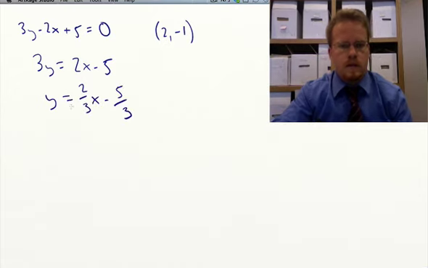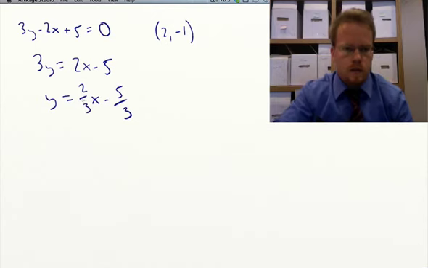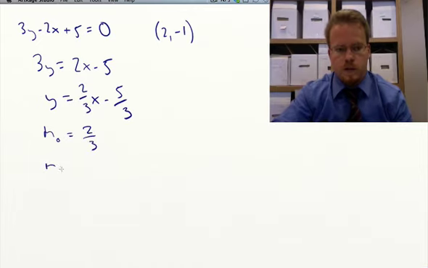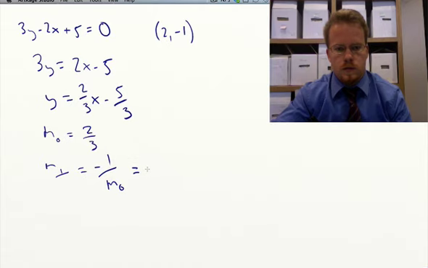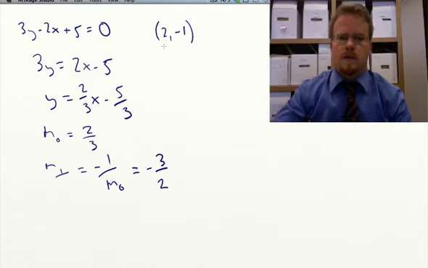So there's our original line, and we want to find the perpendicular line that also passes through this point. So if 2/3 is the slope of the original line, then the slope of the perpendicular line would be negative 1 over that original slope, which equals negative 3/2. So there's our slope for the perpendicular line.